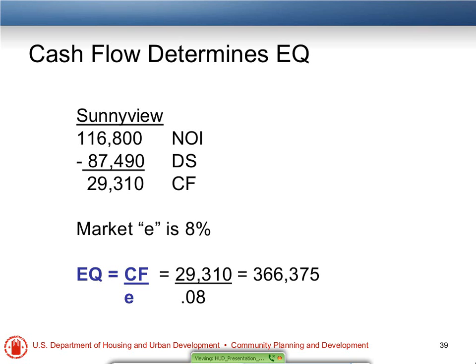It was going to cost us $20 million to build. We got just under $1.1 million in bank financing, and now we're attracting equity of $366,000, which leaves us with a gap of over $500,000 that we would need to fill. So this is a project that we would say cannot attract enough capital, debt, and equity to finance the entire project. It would need some kind of subsidy, or in many cases, this is a project that just would not get built without other incentives.